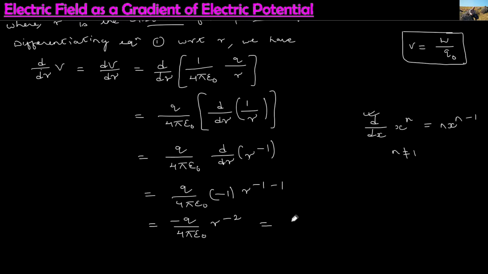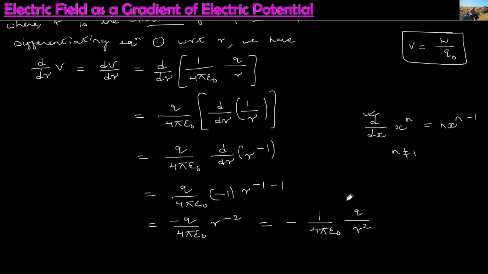But what is that r to the power minus 2? I can rewrite this as 1 by 4 pi epsilon naught, we have this Q, and r to the power minus 2 can be written as 1 by r square.